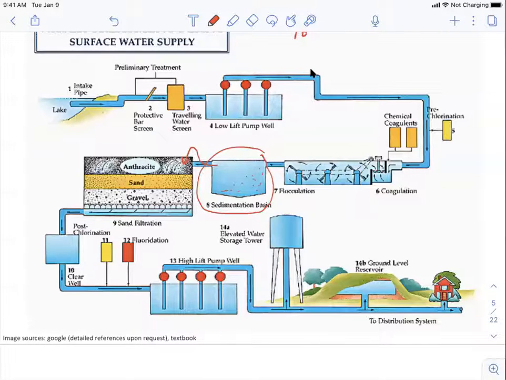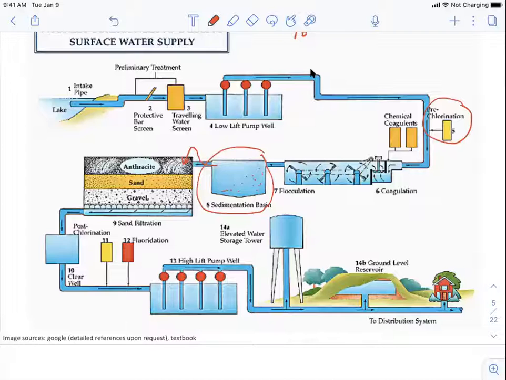This is actually not enough because, as we said, only large particles can get removed, but there are a lot of very small particles. For example, the dead bacteria, or maybe they're alive because we had this pre-chlorination here. If they're dead, these bacteria are around 1 micrometer, which is still very small for us to completely remove by gravity. That's why we have to introduce them into a sand filter.